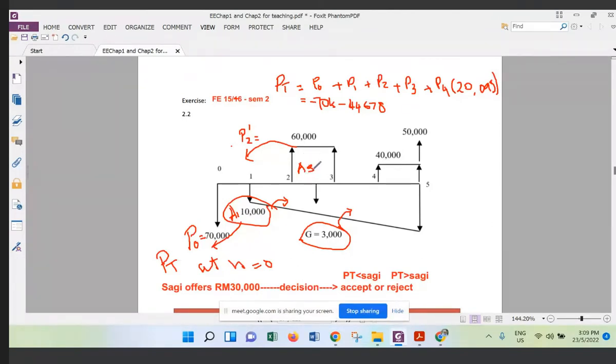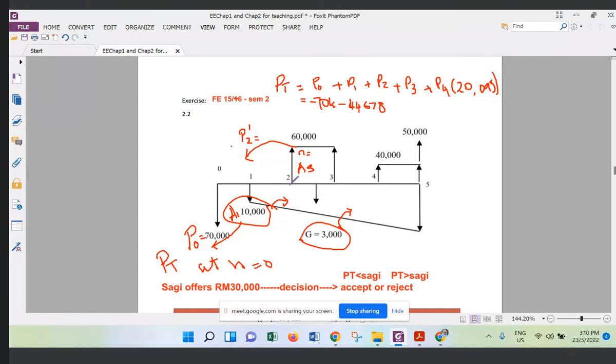Am I right? So for this one, I equals to 20,000. And what is N? For P2 prime, what is N? Okay, P2 prime at N equals to 1. So your N that involved in the calculation is equals to 2, because it is for the year 2 and year 3.